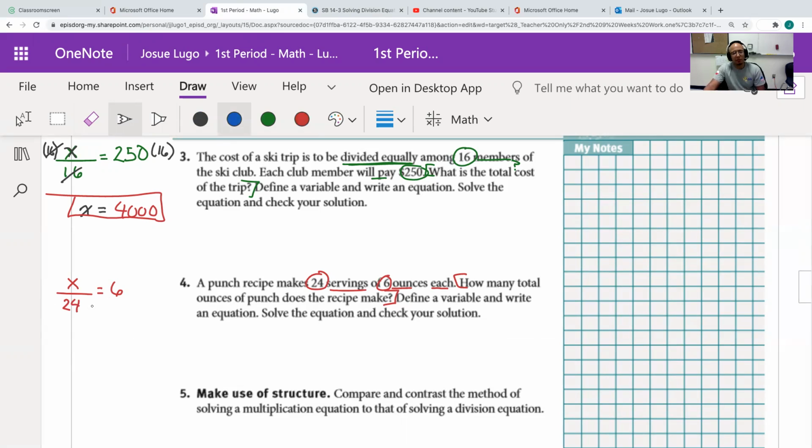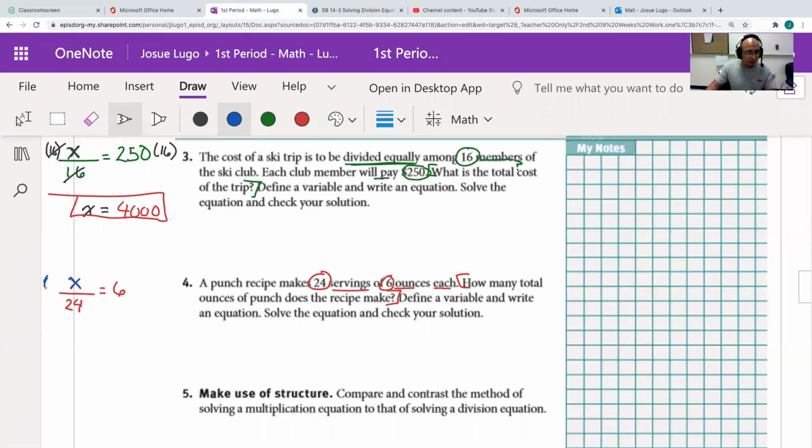Again, not always easy to come up with the equation, but now that we have it, it should be easy to solve, right? Again, let us isolate the x. The opposite of dividing x by 24 is to multiply x by 24. And whatever I do to one side, I must do to the other. Multiply by 24, divide by 24, they're opposites.